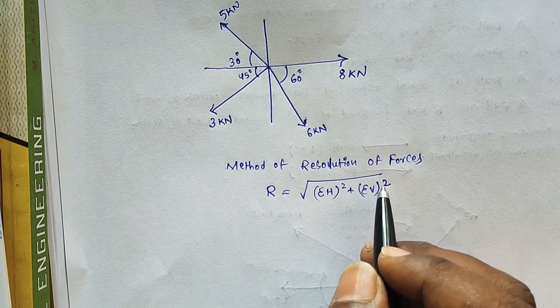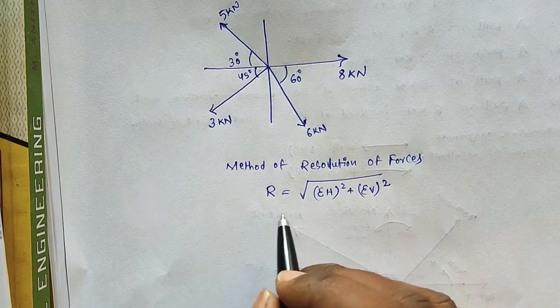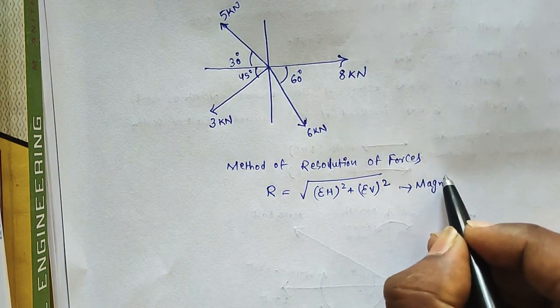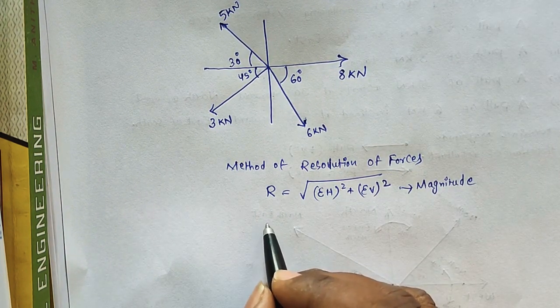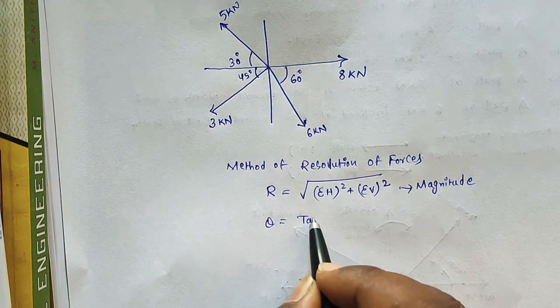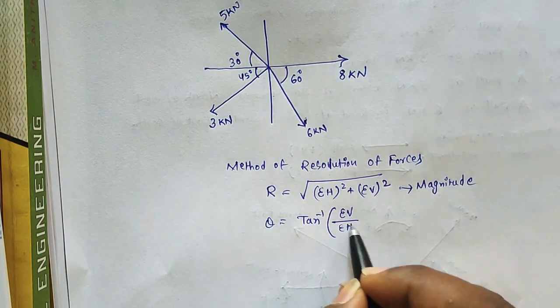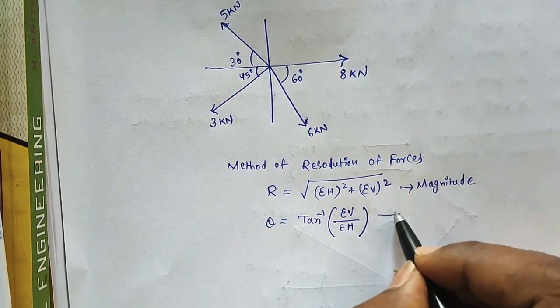If you take the square root of this value, then you will get the magnitude of the resultant. So this is magnitude. And for direction, theta equals tan inverse of sigma V by sigma H. We already discussed this. So this is direction.